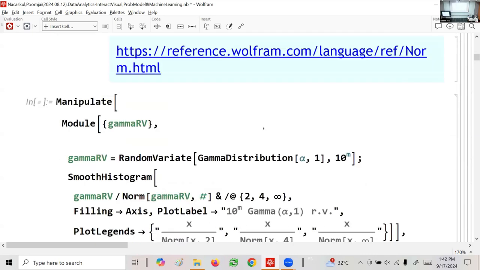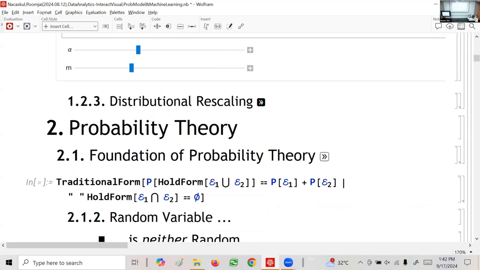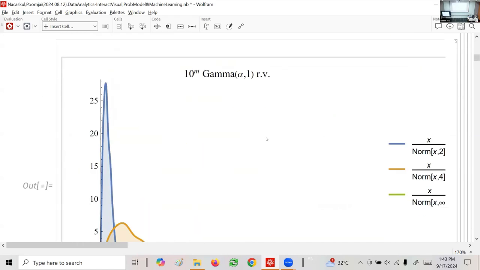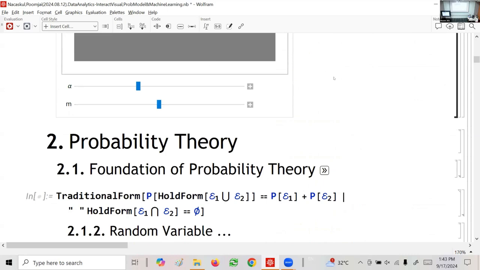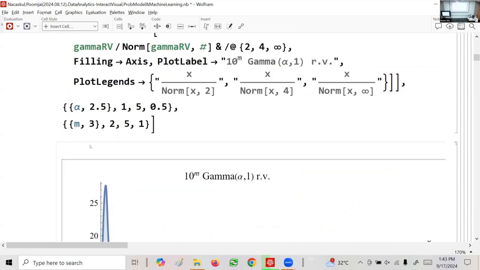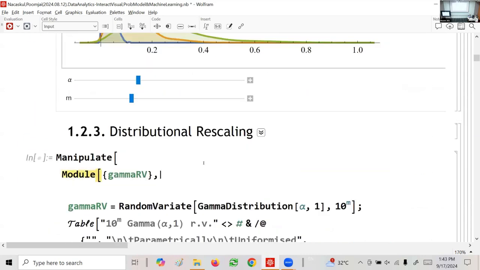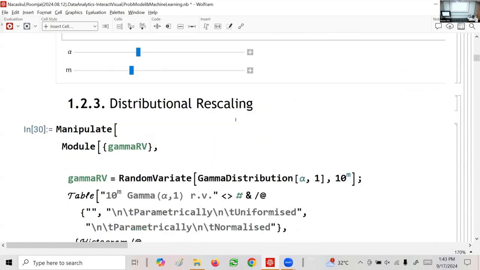Now, you can also divide by what's called the vector norm, which is a little bit more detailed. And there's something called distributional scaling, which is even more obscure, so I'm going to skip that for now. Basically, distributional scaling is like you have this distribution, and let's make it uniform.